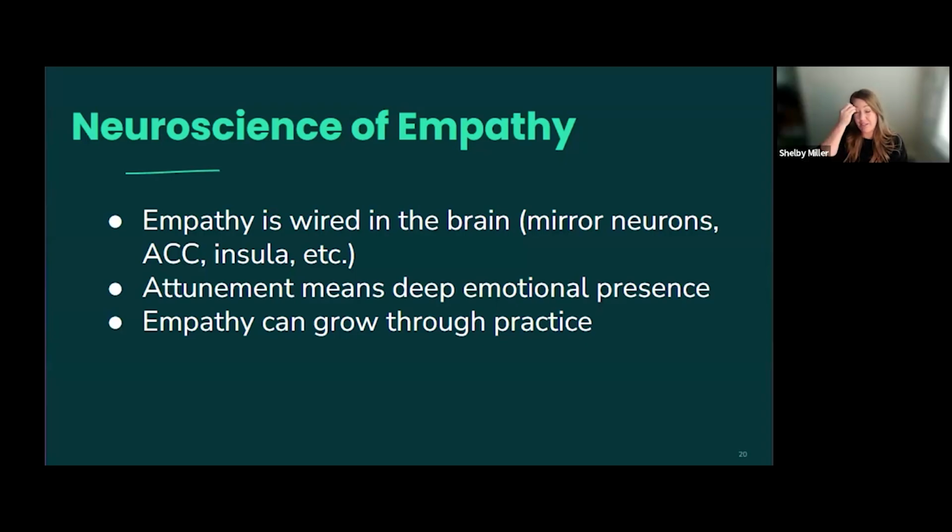There's another area, the anterior cingulate cortex, the ACC, where it tunes us in to other people's pain and helps us regulate our own emotional responses so we don't get overwhelmed. I don't know if you care about the brain words more so than that the brain does cool things. So that's the gist. Remember, emotional empathy is feeling the person's emotional pain with them, but you run the risk of feeling overwhelmed with them as well, right? It can take on a life of its own.